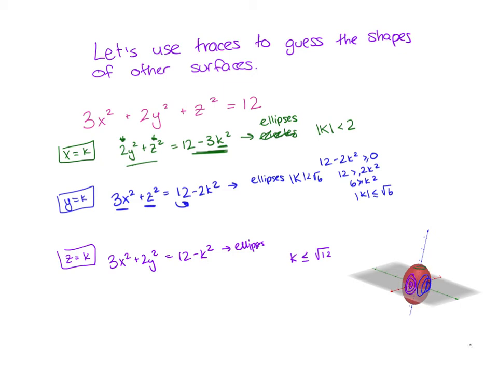And if I slice it in the z direction, I'm seeing those different ellipses. Let me go ahead and just draw those one more time because I want to color code it. So in the x direction, when x equals a constant, these are the ellipses we're seeing. When y is equal to a constant, these are the ellipses we're seeing. And when z is equal to a constant, these are those ellipses I'm seeing. So we get that sort of elliptic sphere, and that's called an ellipsoid.